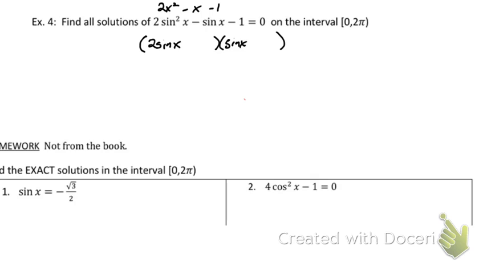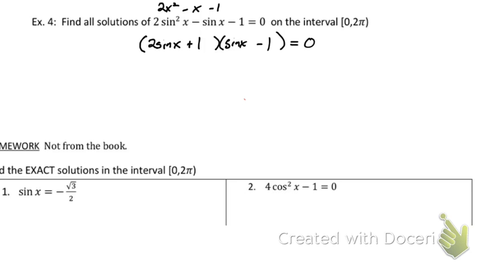Positive 1 and negative 1, in that order. 1 times negative 1 gives you negative 1. Negative 1 times 2 is negative 2. 1 times 1 is 1. Negative 2 plus 1 gives me that negative 1. So that is our factored version.